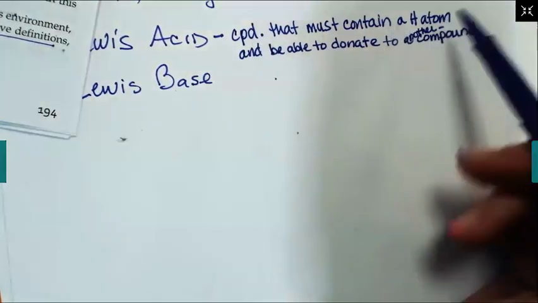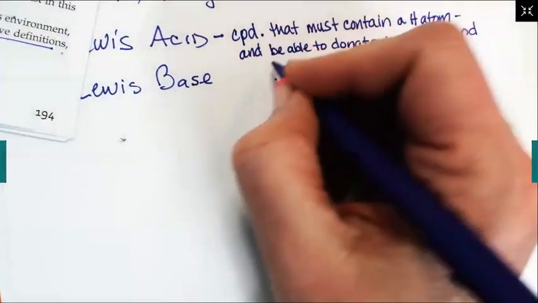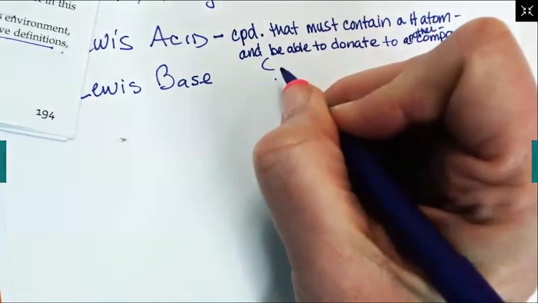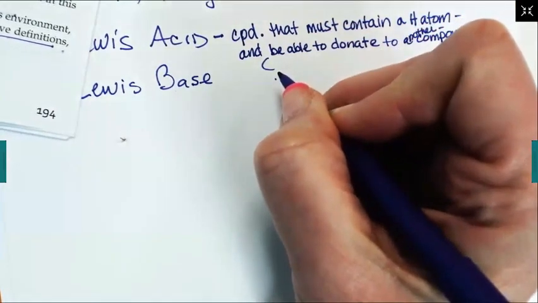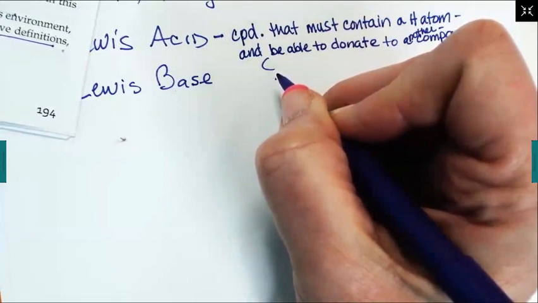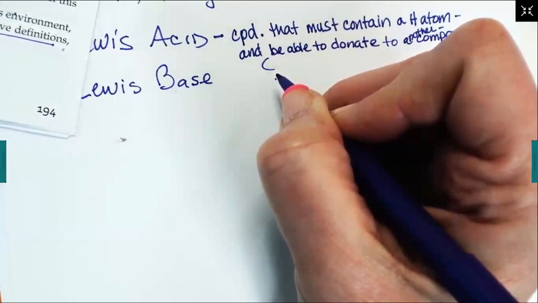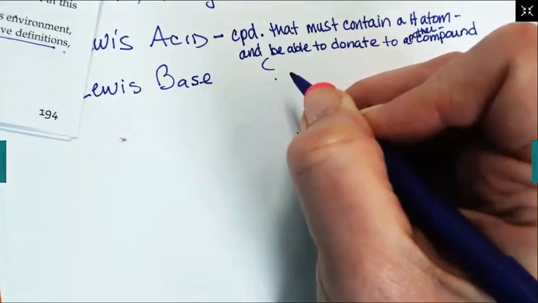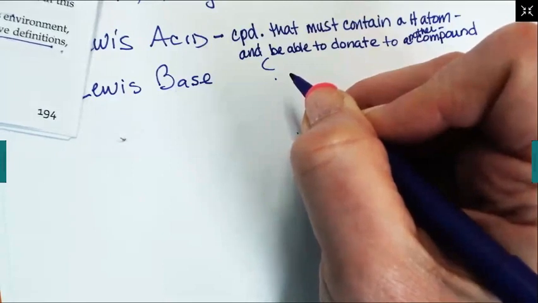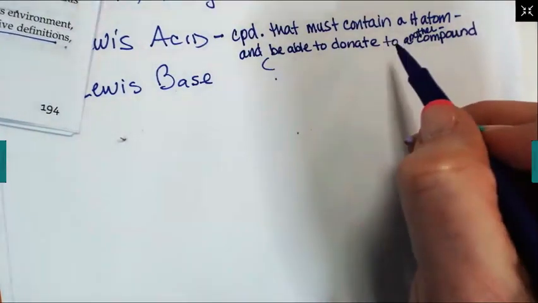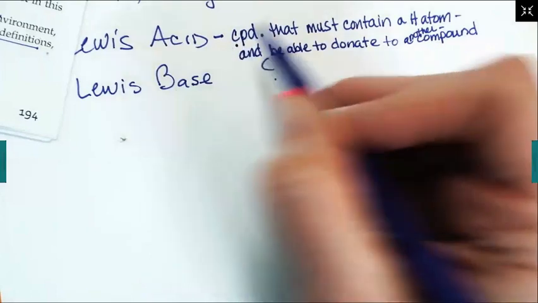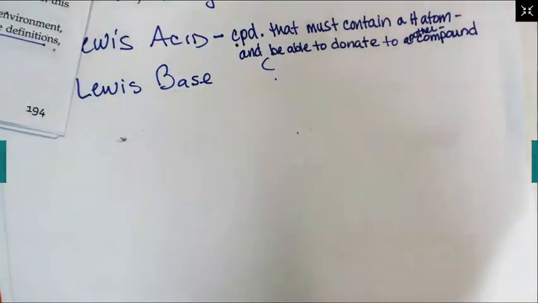Because within the compound, you want to keep the electrons. Okay, so I think I see what you're saying now. So an acid can be a Lewis acid and a Bronsted-Lowry acid, and it can be just a Lewis acid. Yes. That's why comma, not and. I think it'll become clearer when we do some examples.